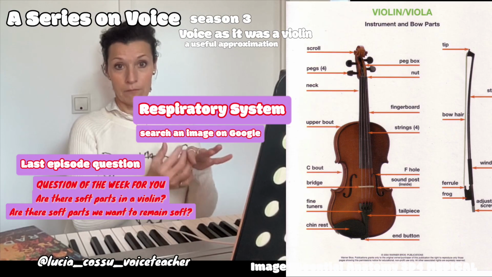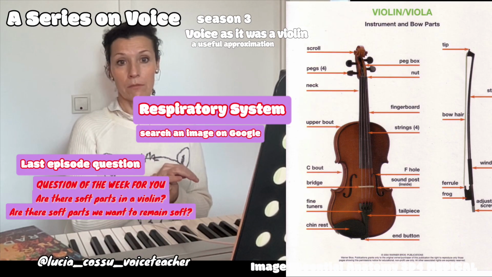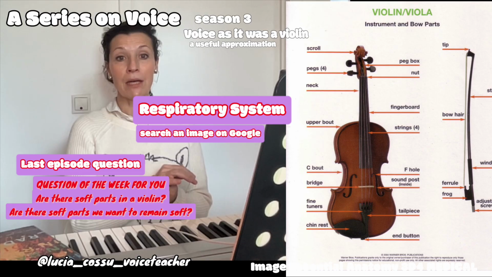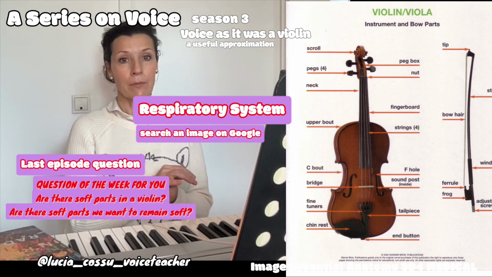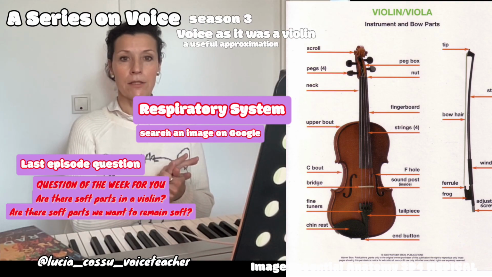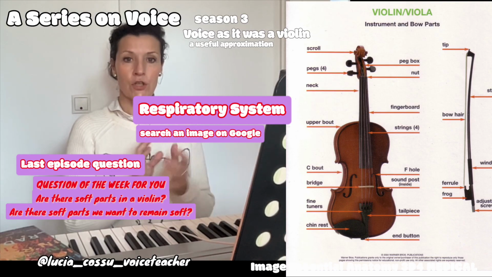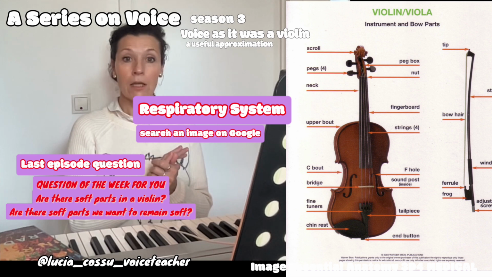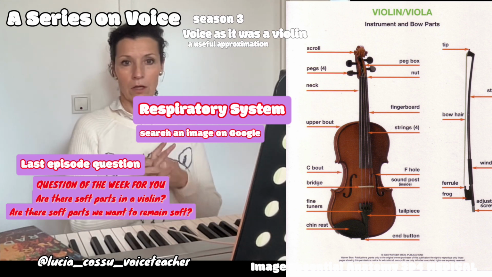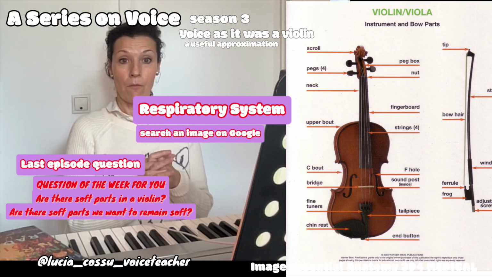But it was the skin of the gut. So it is a biological element that has, or had, a completely different structure and nature in the materials than the body of the instrument.